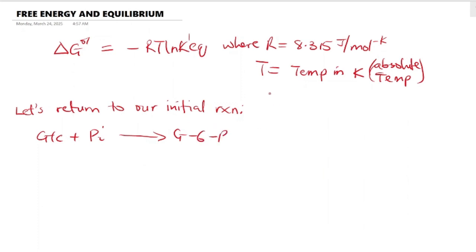So the delta G standard for this reaction is equal to positive 13.8 kilojoules per mole. This is an endergonic reaction. It is not spontaneous as written, it is spontaneous in the reverse.